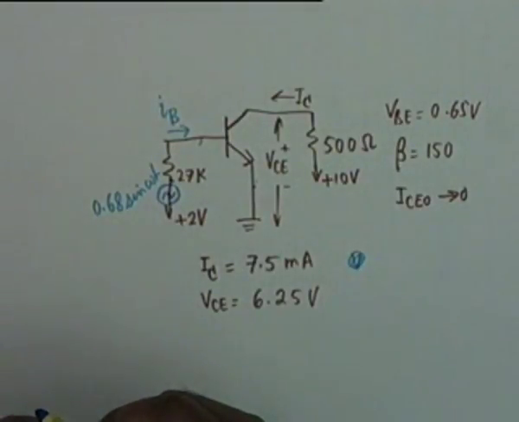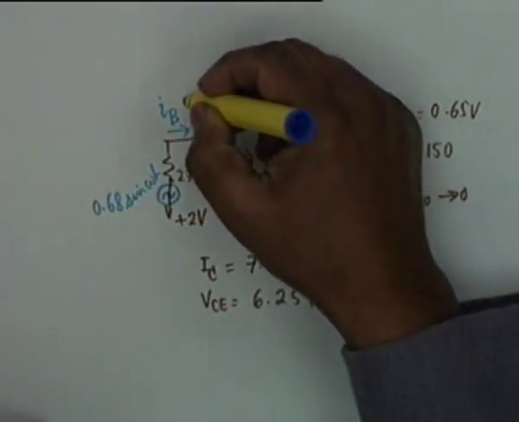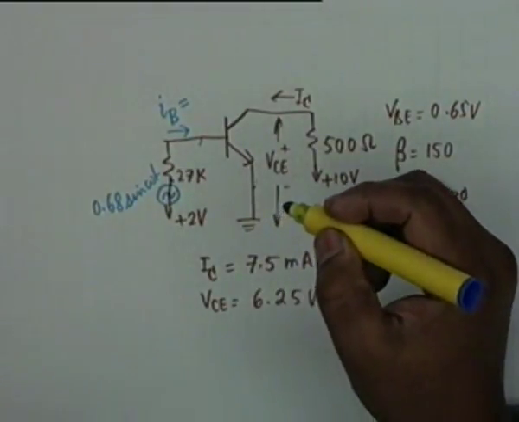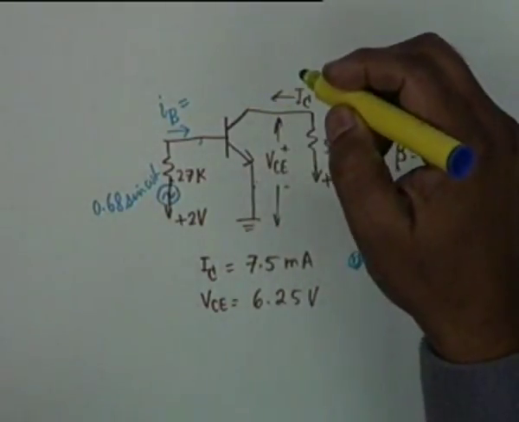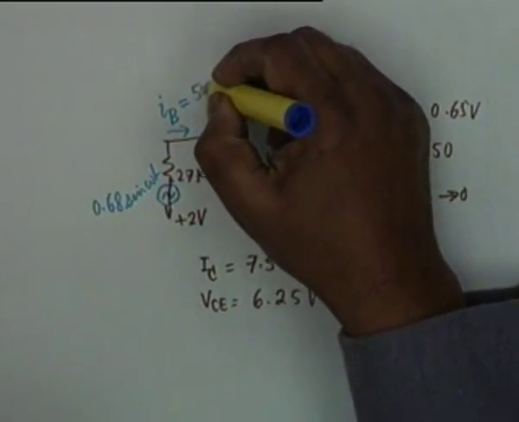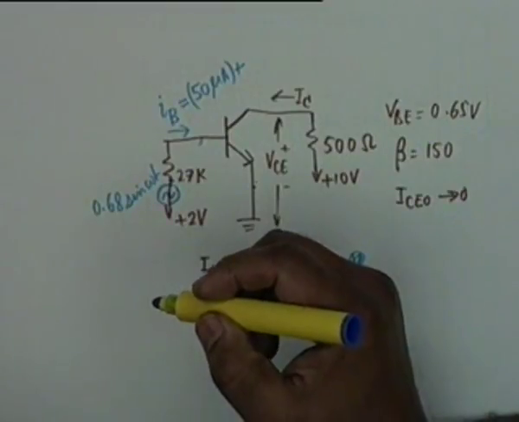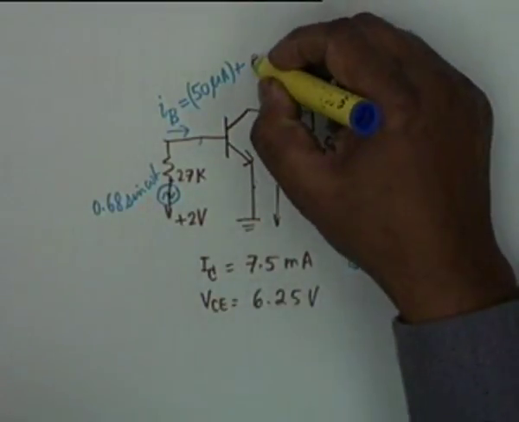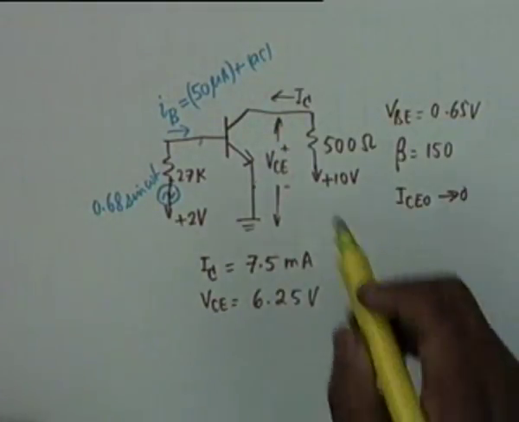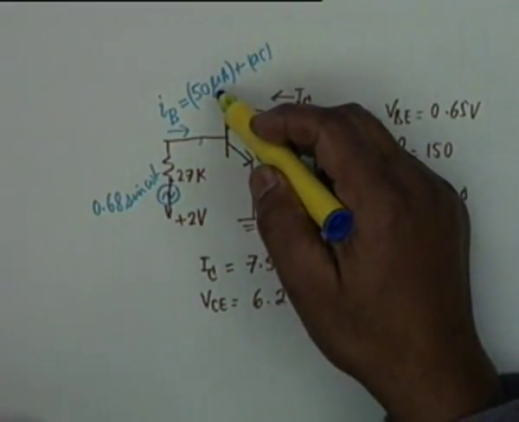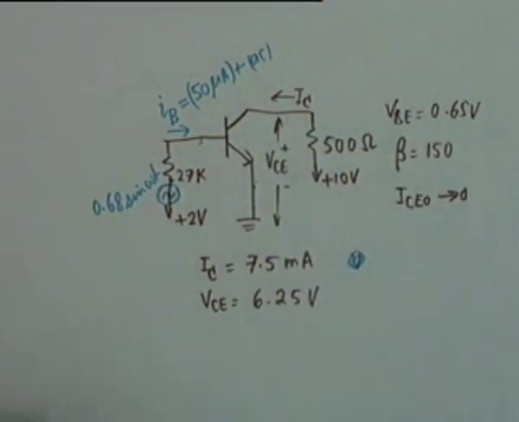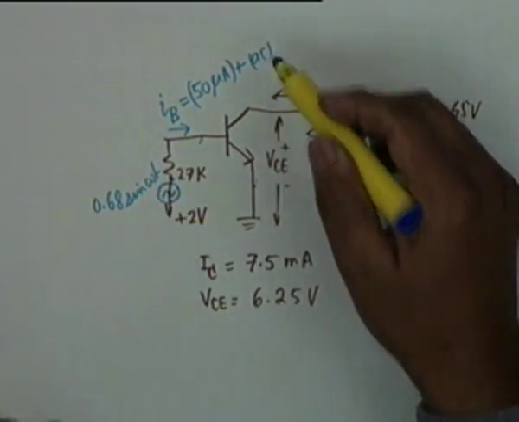Obviously I sub B would be the DC value. What did we find the DC value to be? 50 microamperes, plus an AC quantity, which is required to be small compared to the DC value, in order that the emitter base junction is in the active region. Okay, we will find this out.